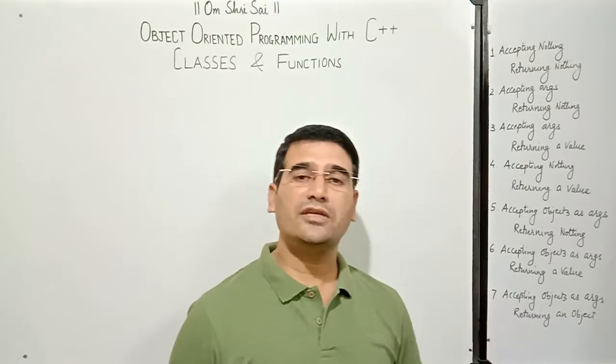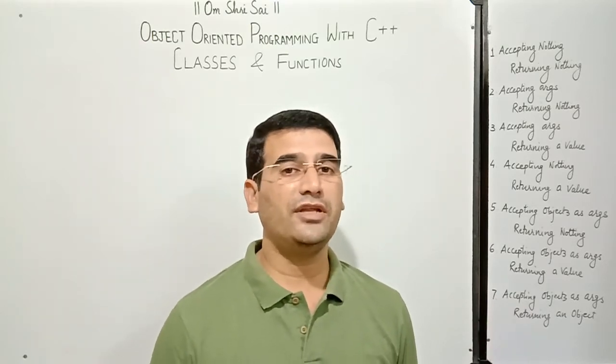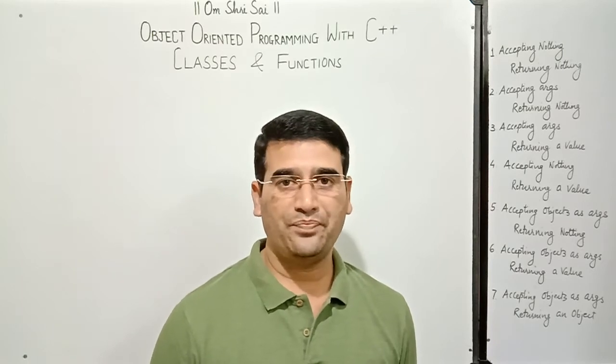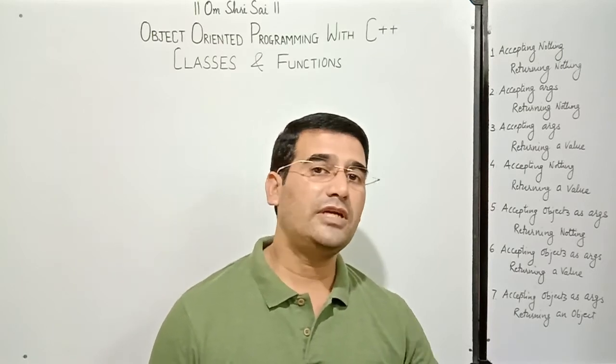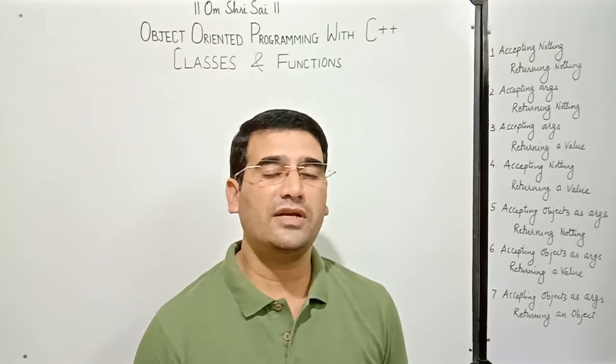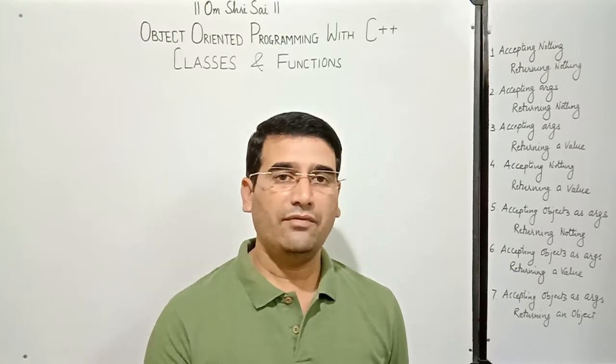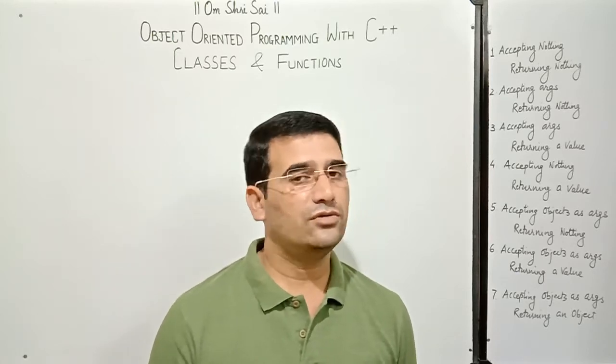In the last video lecture, we have also discussed that the object is very much similar to the variable of the primitive type. Means if a variable is of the primitive type, then the object will be of the user defined data type, that is class, and as the object is a variable, we can pass it as an argument to the function.